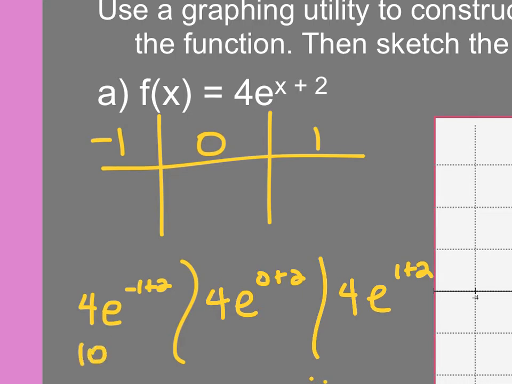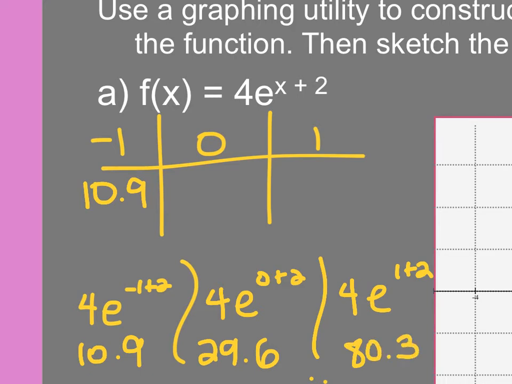So this is 10 point, I'm going to round it because I'm not going to get any closer than 0.87. So that's 10.9. 4e^2, 29.6. And 4e^3, 80.3.